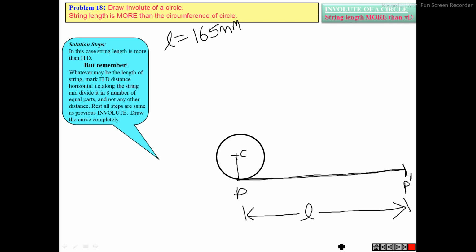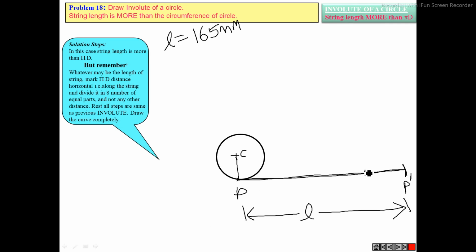Yes, sir. Because if you try to wrap this P dash length of wire over the circle, some portion will be left to unwrap. You cannot wrap P dash completely. Why? Because the length of the wire is more than the circumference of the circle. So some portion will be left.